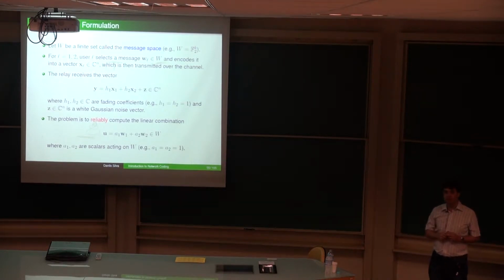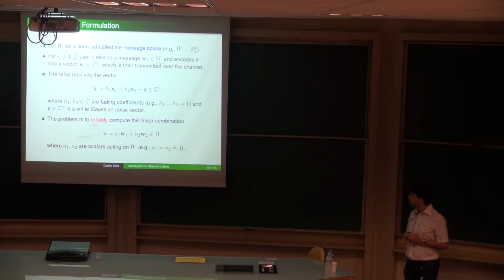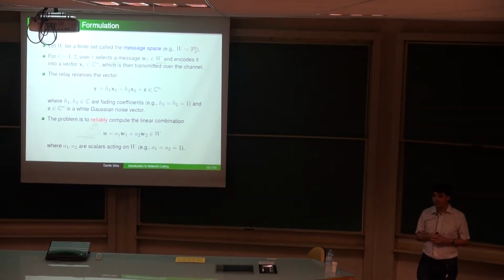Before I move on, let me just do like Danilo and ask a few questions to the electrical engineers among you. So first of all, why is this vector z assumed Gaussian, right?